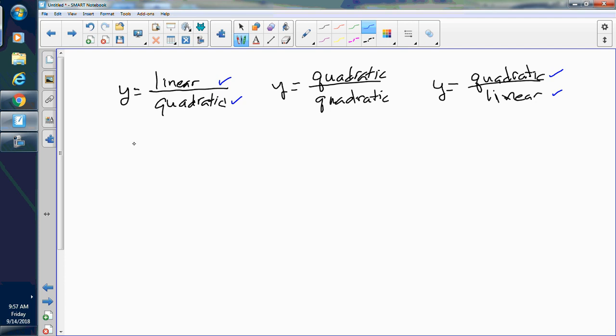Remember to find any vertical asymptotes, you always set the denominator equal to 0.